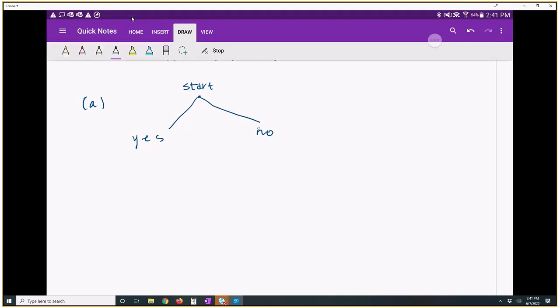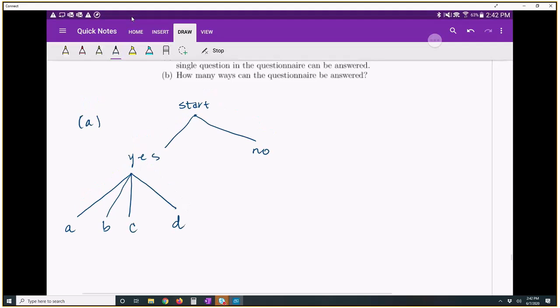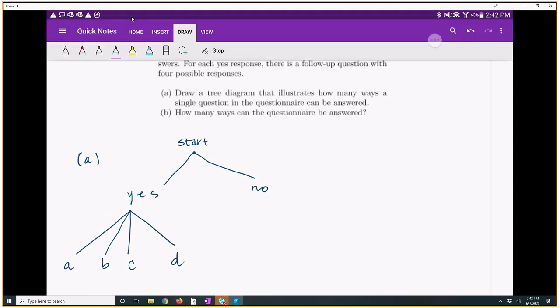If I said no, then I don't have a follow-up question. So this is just, I stop here. If I say yes, then I get 4 choices for a follow-up question. And I'm going to call them A, B, C, and D, the 4 possible responses for the follow-up question. So this is the tree diagram for the number of different ways.